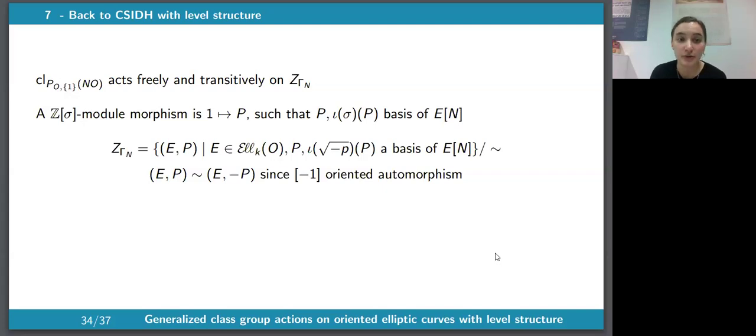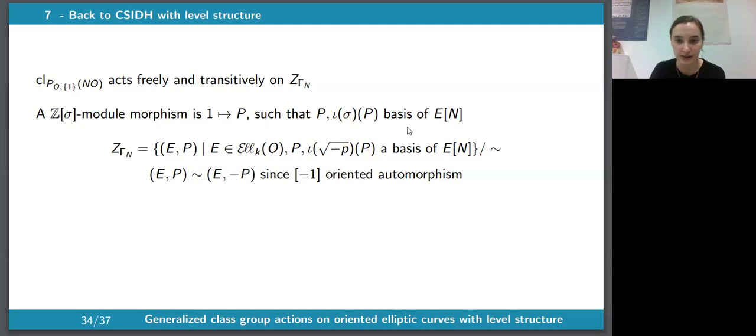Now, the ray class group acts freely and transitively on Z gamma n, where again, we have that the level structure is really a morphism of O modules, where O is now some Z adjoin sigma. So again, we want to specify the image of 1 that has to be a point P such that P and iota of sigma P is a basis of n torsion.